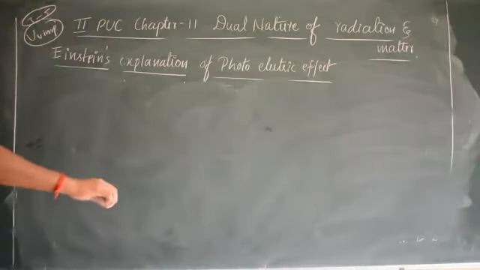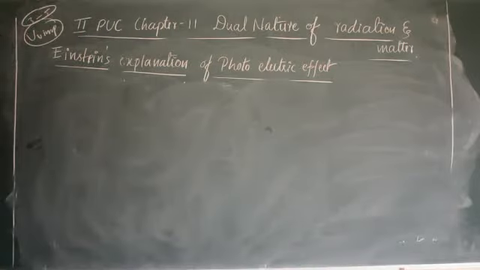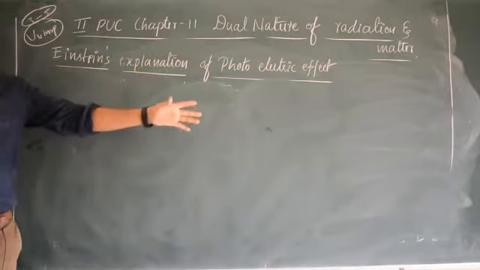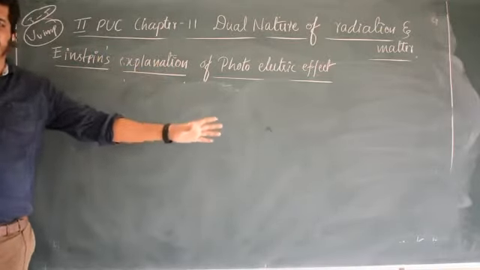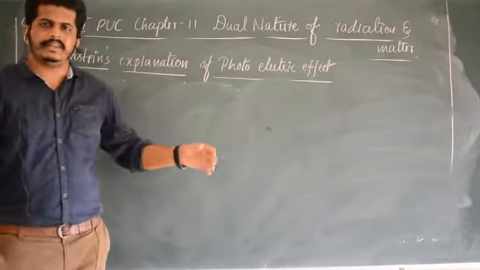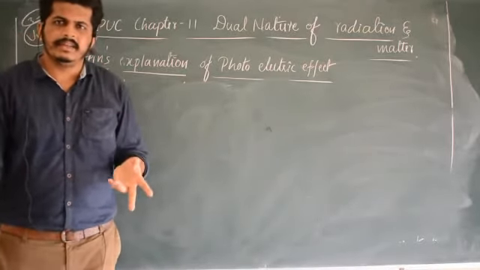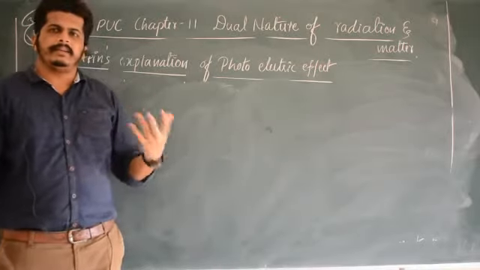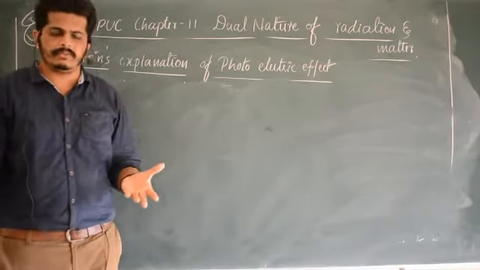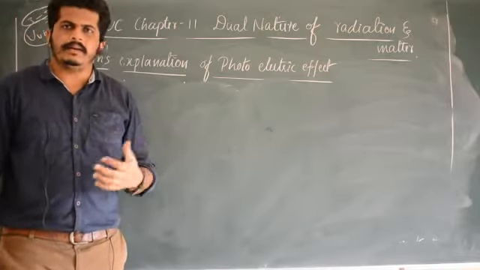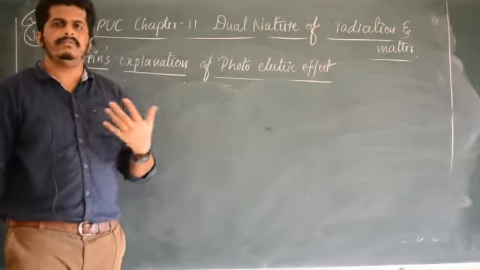So Einstein's explanation on this we are discussing, right? Based on Max Planck's quantum theory, the equation we have written says the energy is utilized in two different ways. First, to liberate the electrons from the metal surface, which is equivalent to the work function. Second, to impart maximum kinetic energy to the photoelectrons.